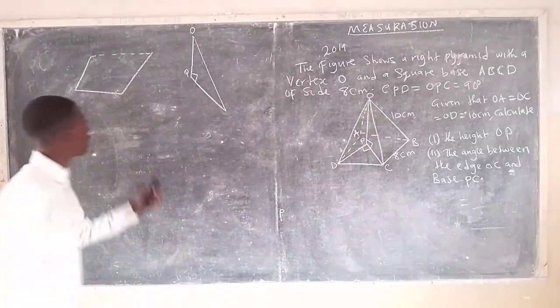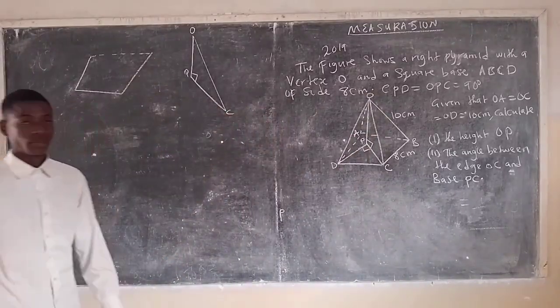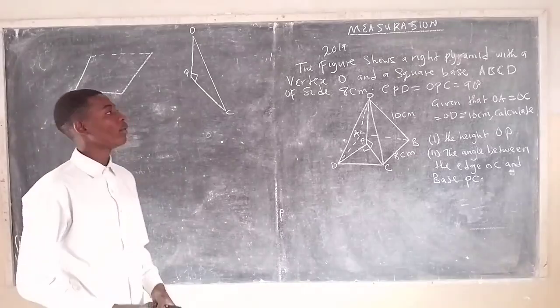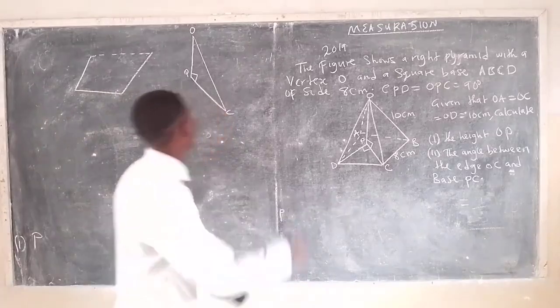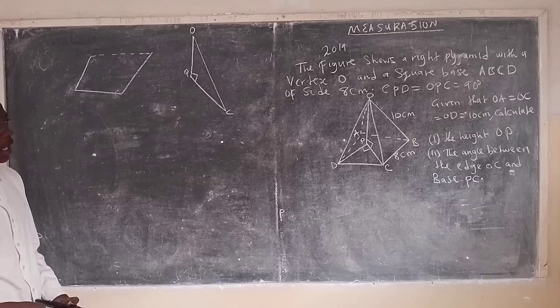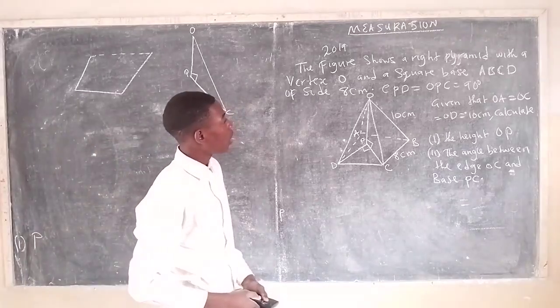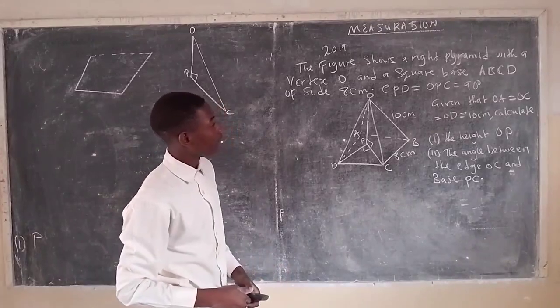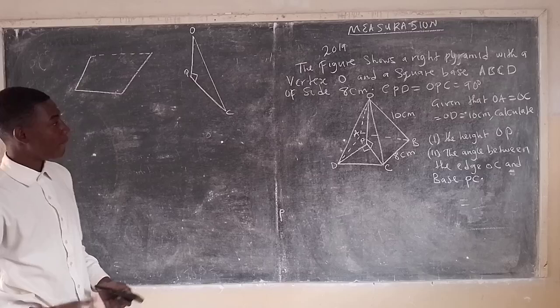So here I have extracted the figure, we have OP, we have a C here. So now, how are we going to find our answer? Provided that we want the height from here up to here. Firstly, we are told that the figure below shows a right pyramid with a vertex O and a square base.